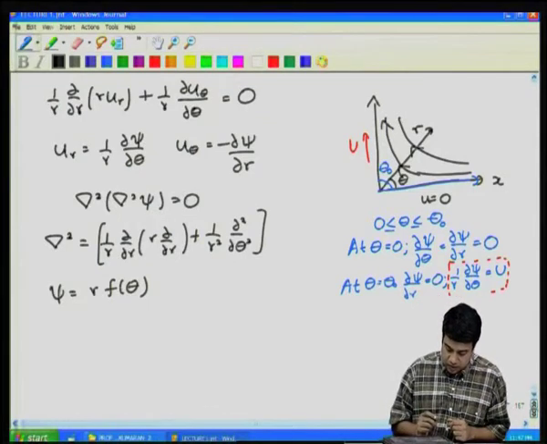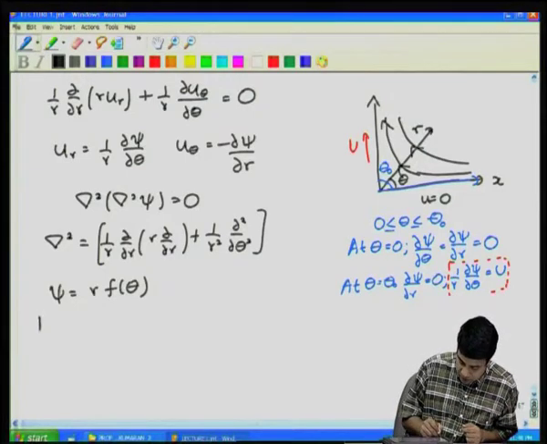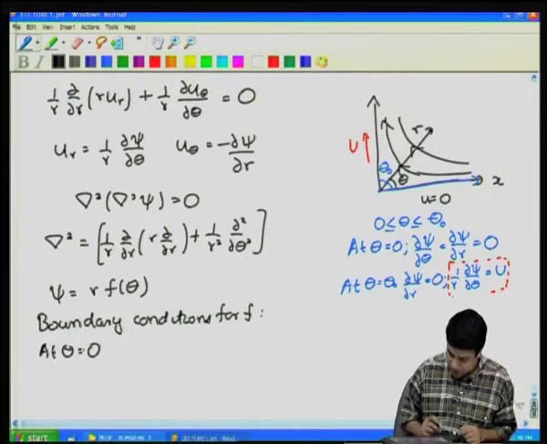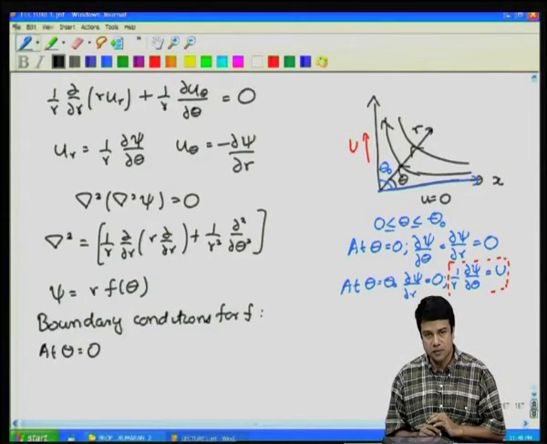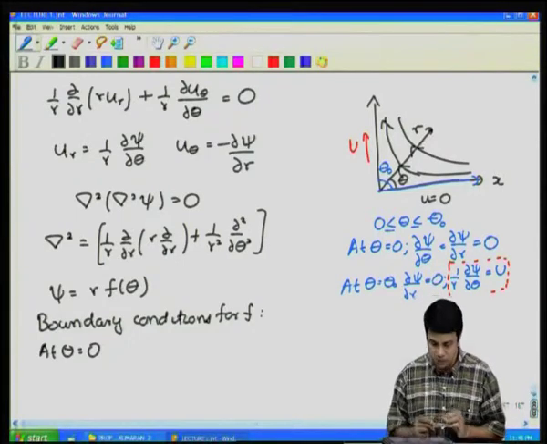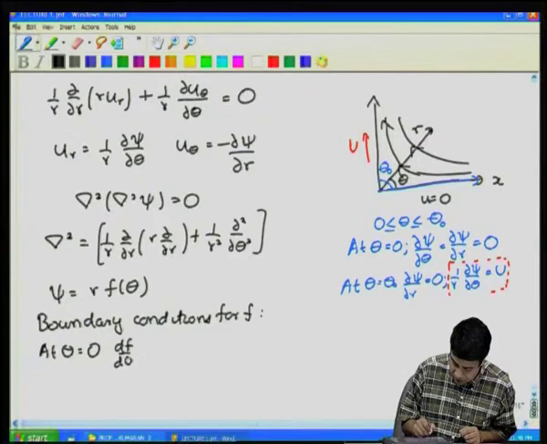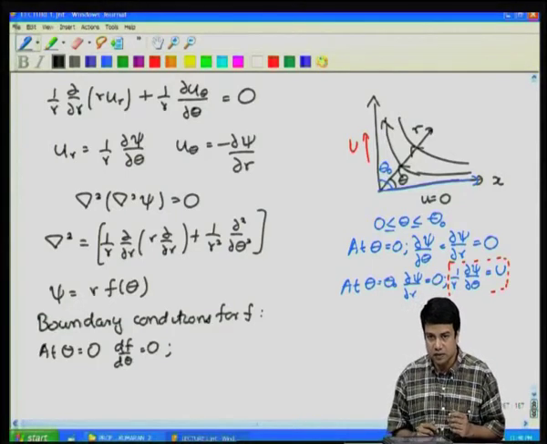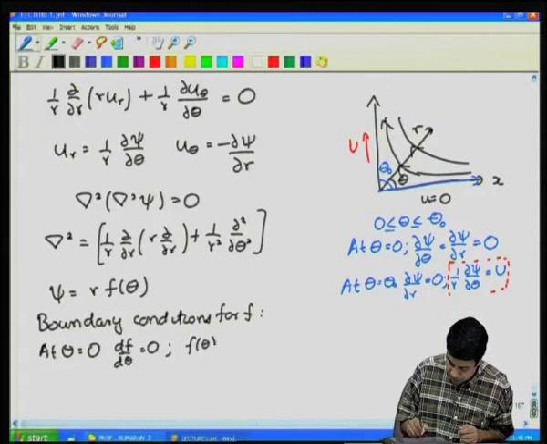So, now in terms of the function f, what are the boundary conditions? At theta is equal to 0, partial psi by partial theta is equal to 0. Since partial psi by partial theta is equal to 0, I have df by d theta is equal to 0, and partial psi by partial r, when I take the derivative of psi with respect to r, I just get f of theta. So, therefore, I have f of theta is equal to 0.